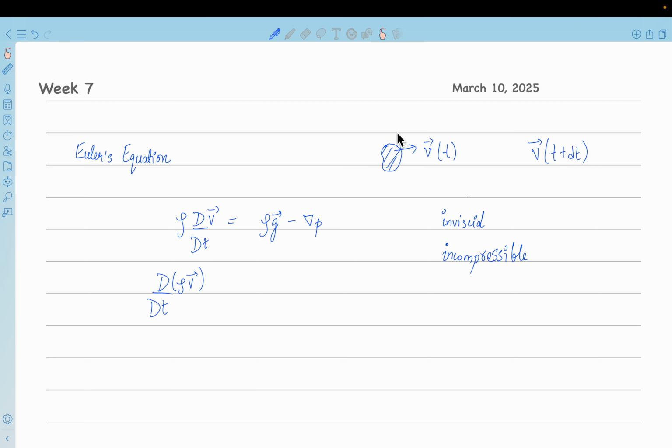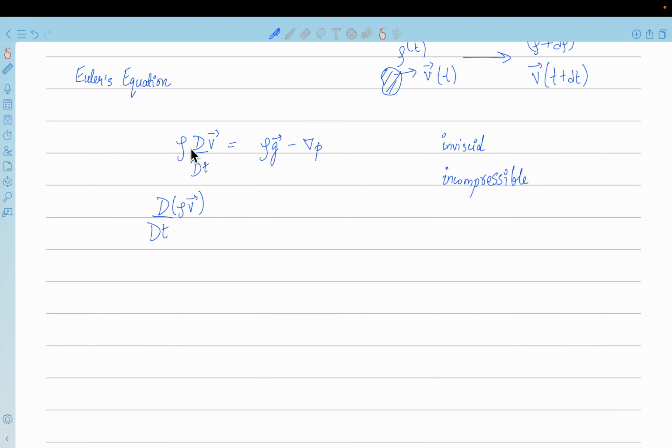But at this time the density is rho, and after some time it can be rho plus d rho. So using this transformation we derive the momentum conservation. If rho is not changing with time or with space, that means we have assumed the incompressible flow condition as well.